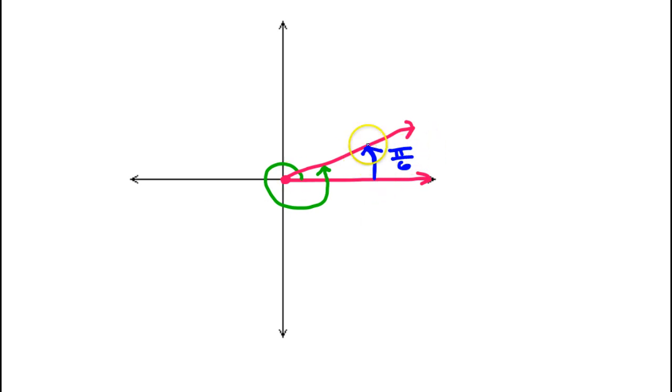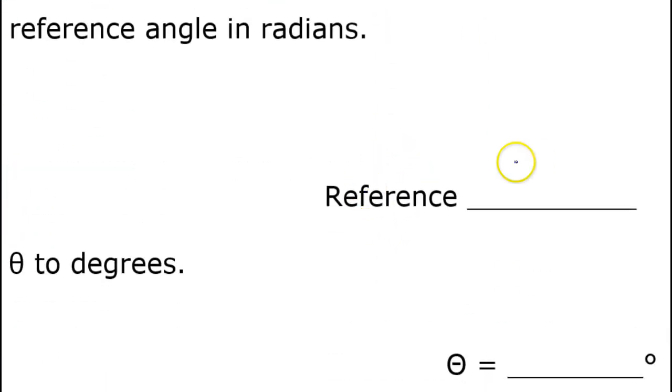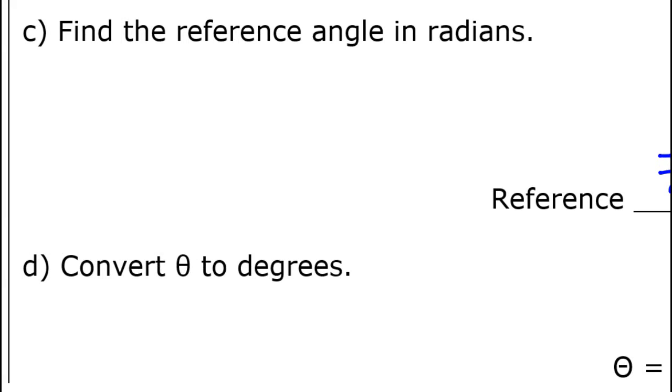That's coterminal. That means this must have a size of pi over 6 radians. So that is going to be my reference angle. It's going to simply be pi over 6. Now, sometimes it's more complicated than that, but this time we got off easy.